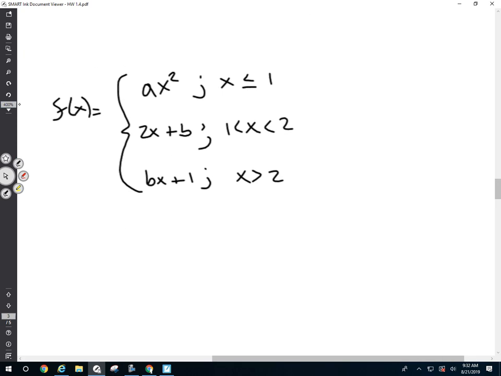Another system. First piece meets up with the second piece at 1. Second piece needs to meet up with the third piece at 2.